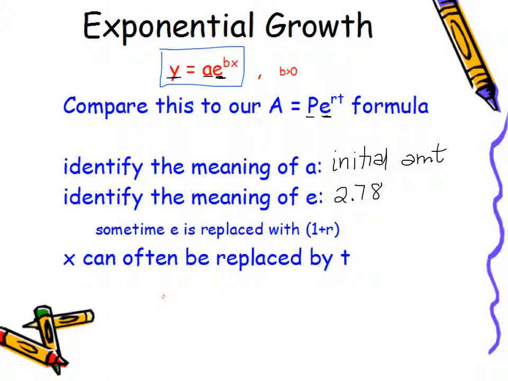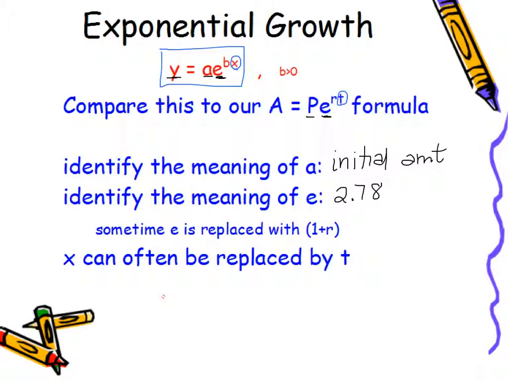And then the other thing that we can comment on is the x value. The x value in this formula is really the same as the t value in our PERT formula. So when we use an x and a y on our calculator, x is really representing your time, your t.